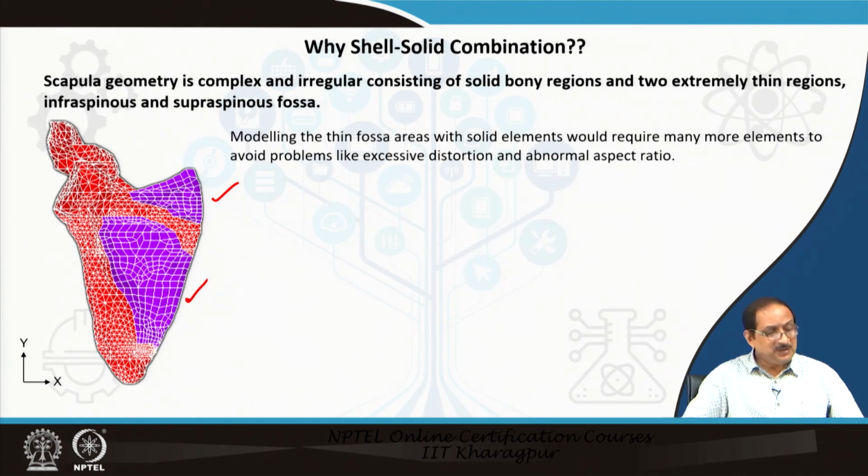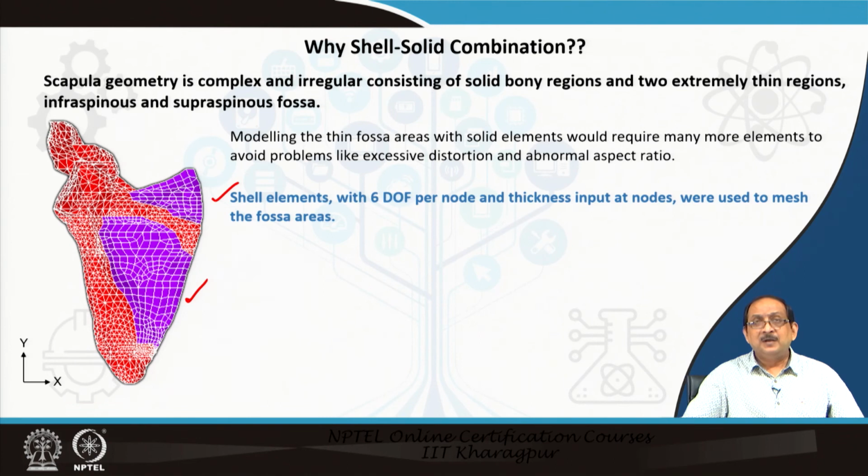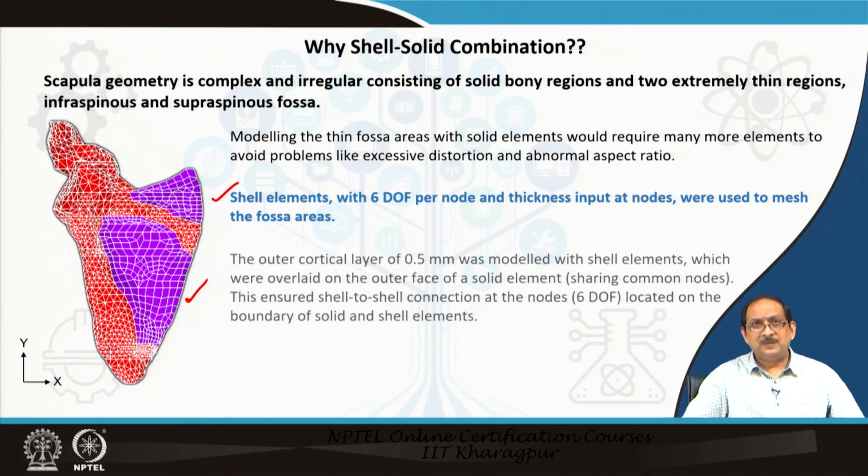The aspect ratio is defined as the ratio of maximum and minimum dimensions of an element. Shell elements with 6 degrees of freedom per node, 3 rotation and 3 translation, and thickness input at each node were used to mesh the fossa area.